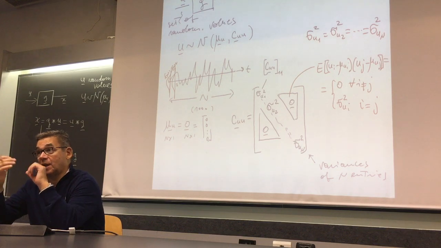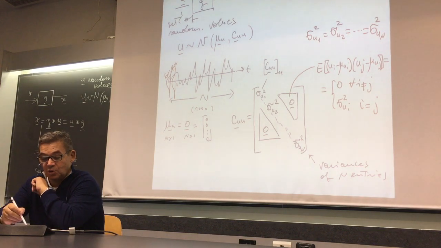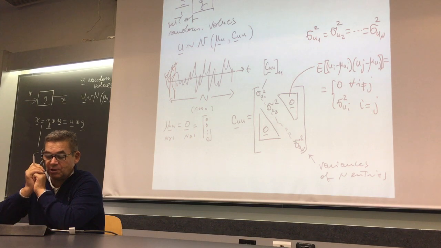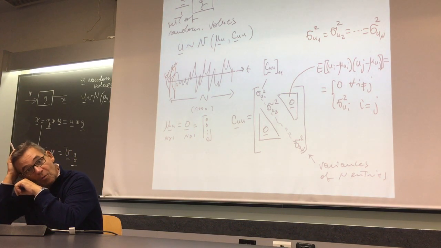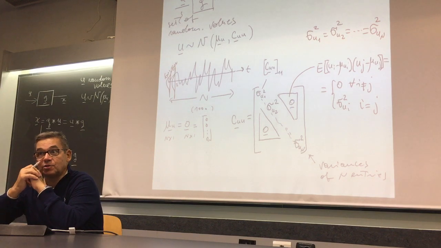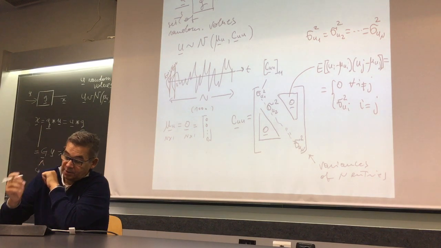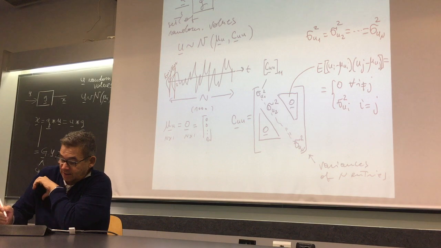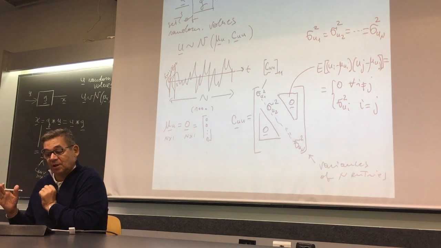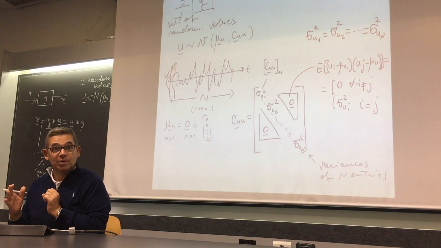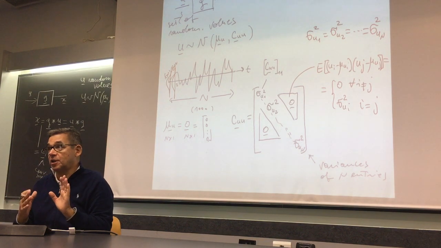Now, what can I say about this process, this set of random variables? Actually, it's a process that we will put in a formal way a little later during the semester. I can say that this set of random variables are all the same and they are not correlated with each other.